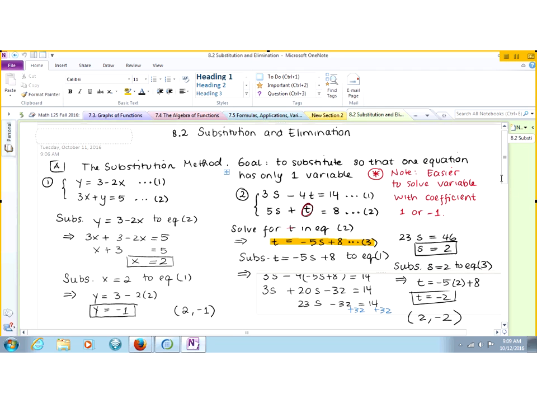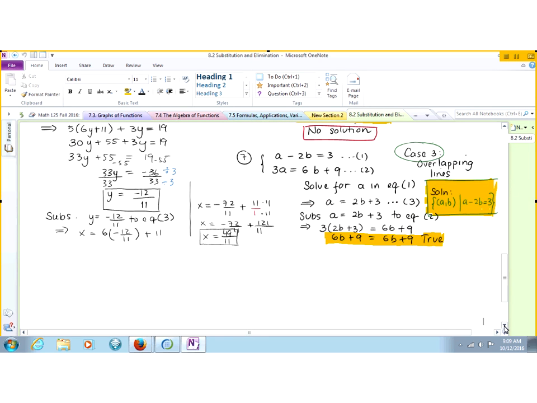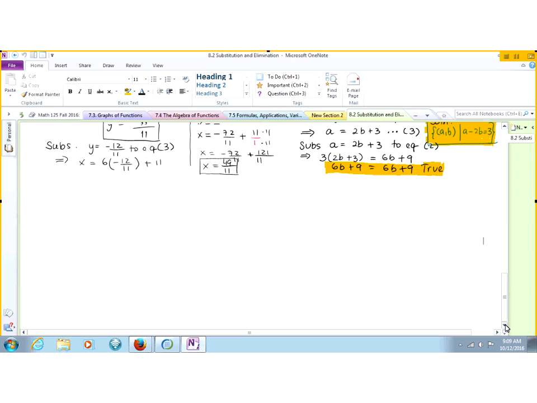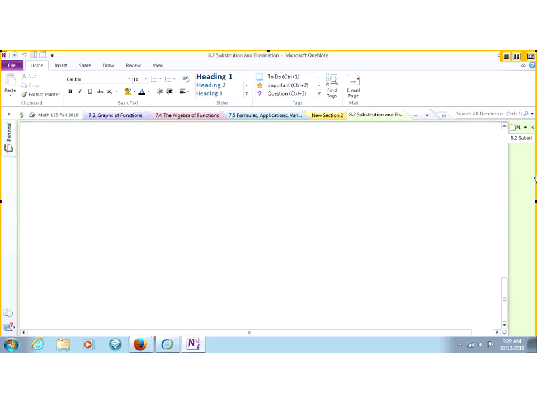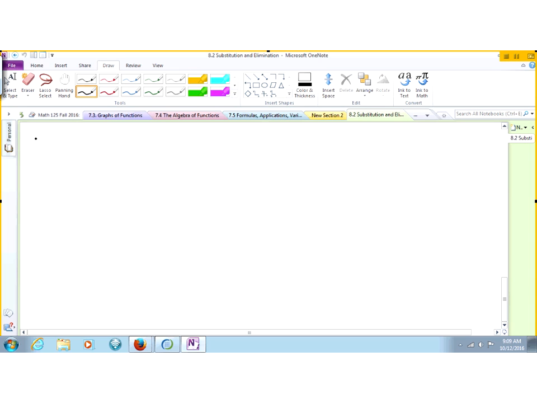So we're done with the substitution method. So now we're going to continue with the elimination method. All right. So B, elimination method. So what is the goal?